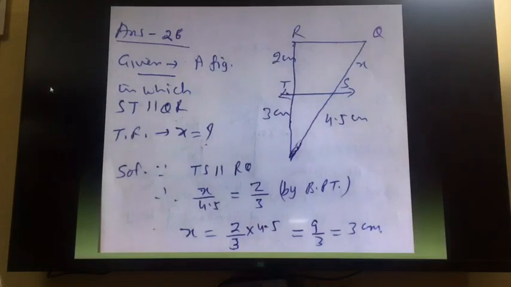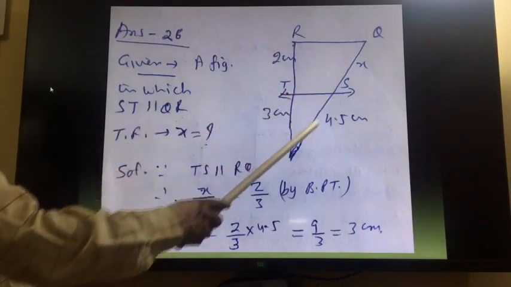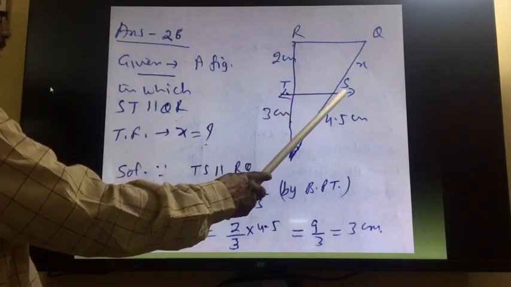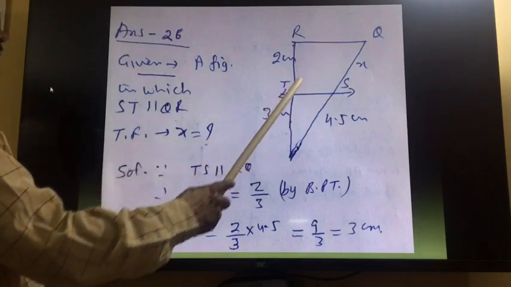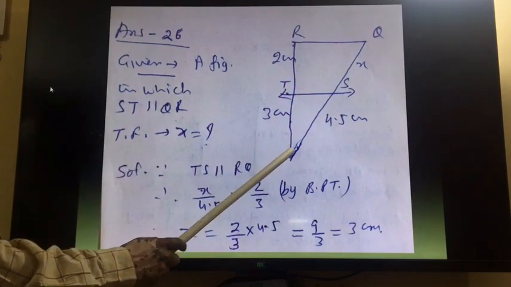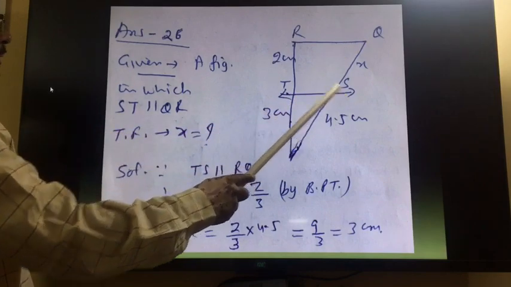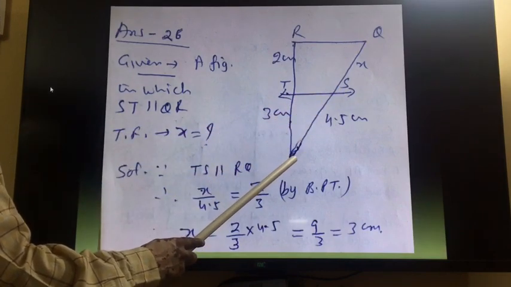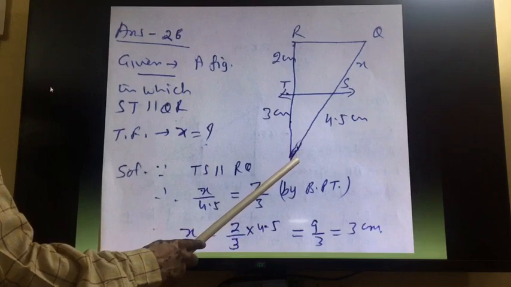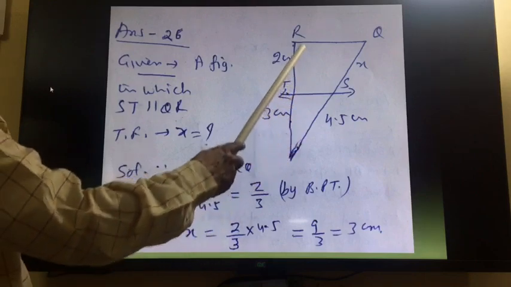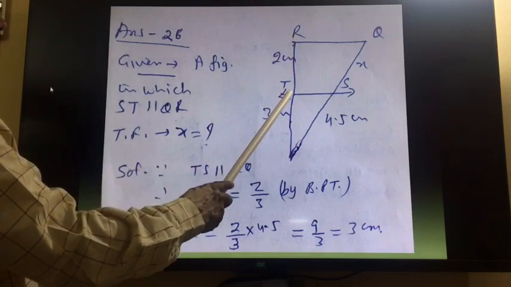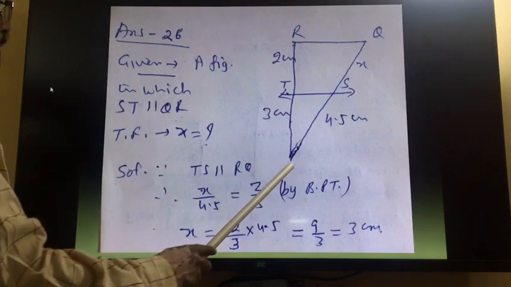You see the method. This is the triangle, and because TS is parallel to RQ, we can apply the BPT theorem. According to BPT, we can write QS upon SP is equal to RT upon TP.